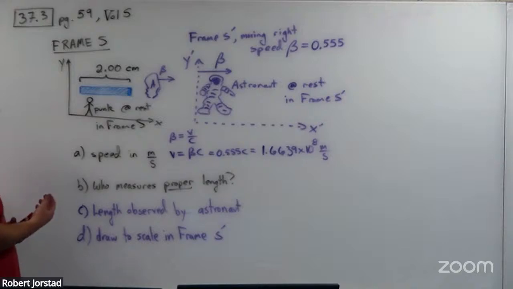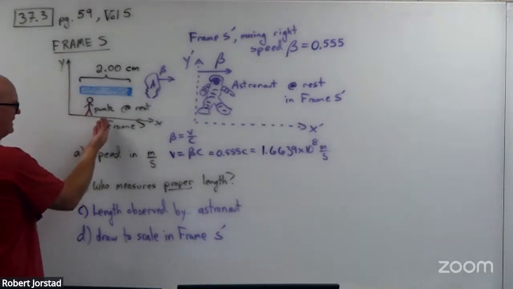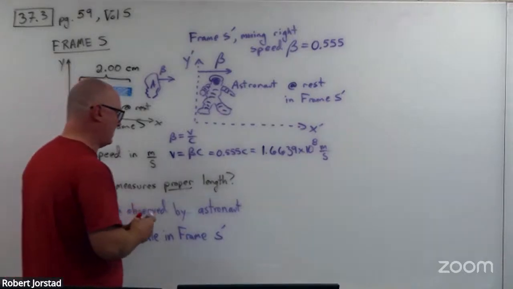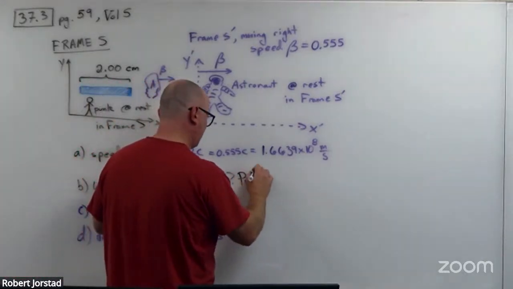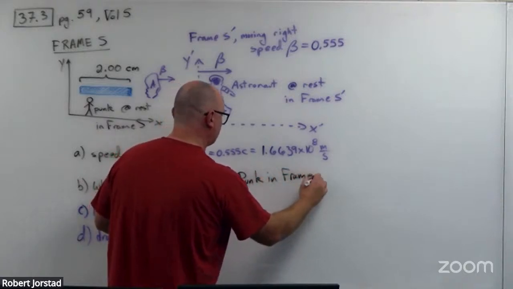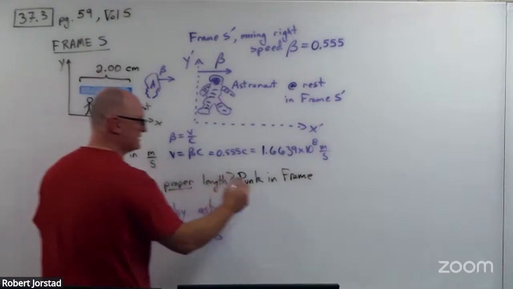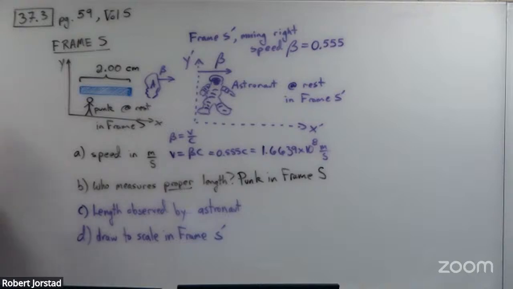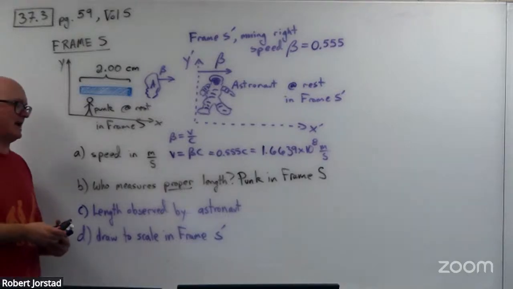In this case, the observer who is at rest relative to the object records the proper length. So I would say the punk in frame, in this problem I called that frame S. So notice you've got to look carefully in each example. It's not always that S is the moving frame.